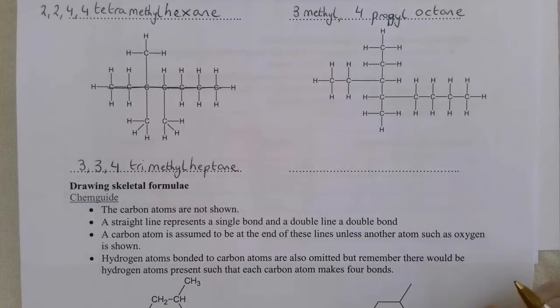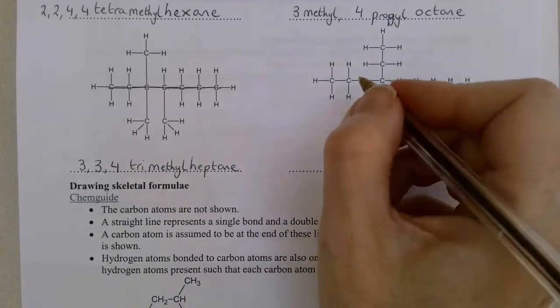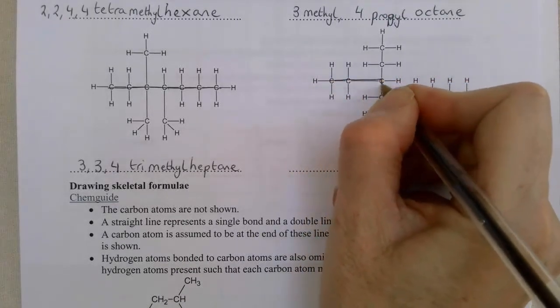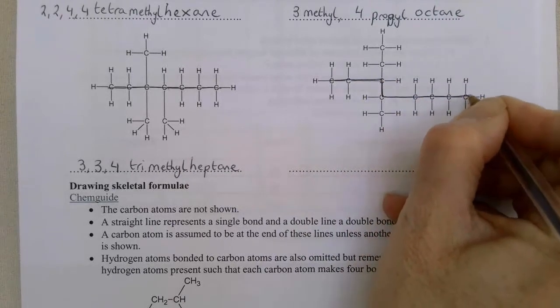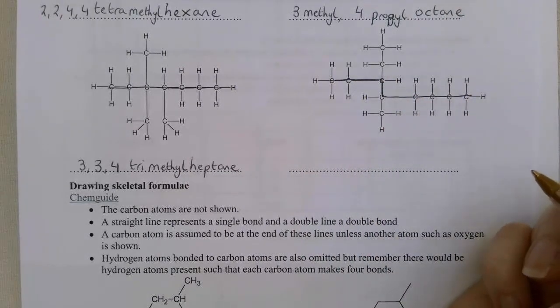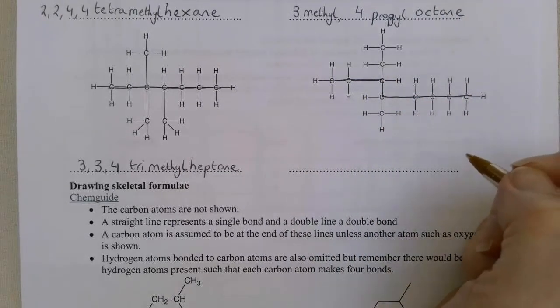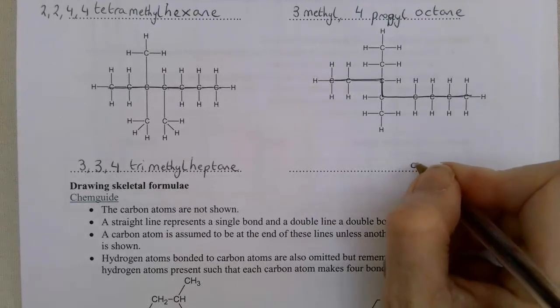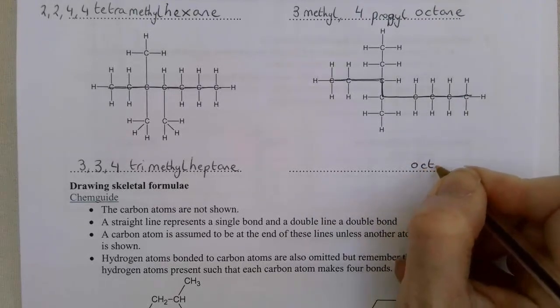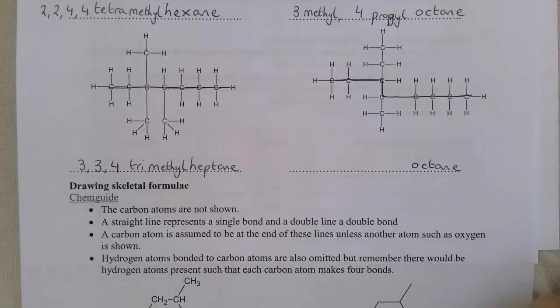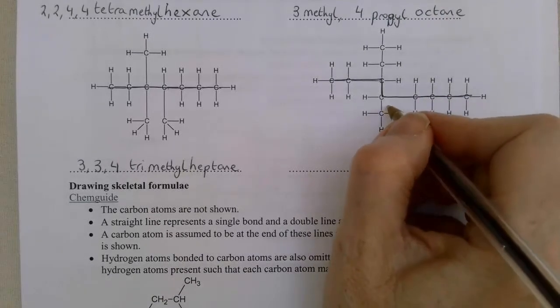Again, another example here, we need to be careful because it can go round corners. So this again is my longest chain. So I've got 8 carbons in that chain. So again, it's based on octane. I've got 2 branches.